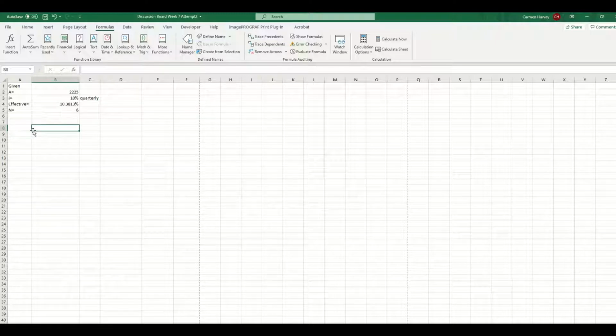And for part A, we're going to find out what is the value when x equals 1.